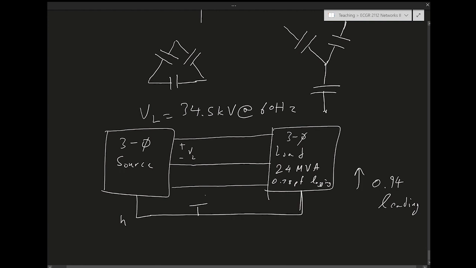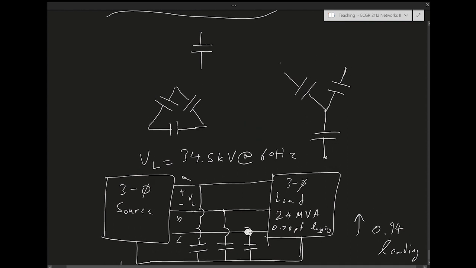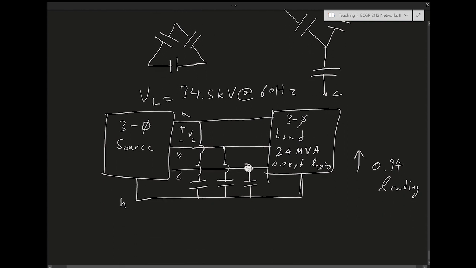I have capacitor 1 connects to phase A, capacitor 2 connects to phase B. This is A, B, C, and then capacitor 3 connects to phase C. So this is a Y configuration, A, B, C. Right?